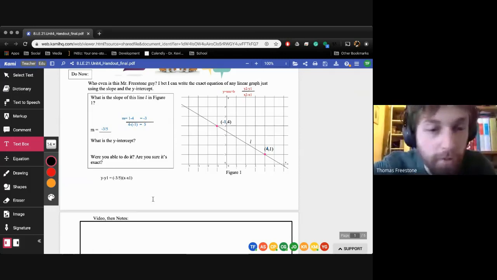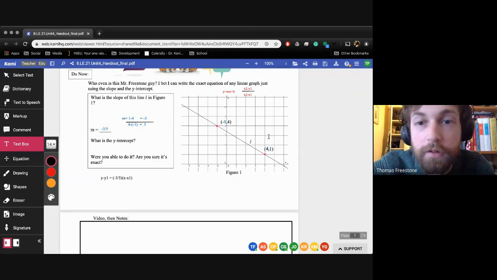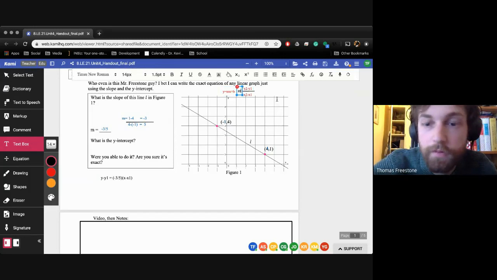Okay, so we're just looking at the equation. We've got y, which is a variable, and then we've got x, which is a variable. What are these other things? What is y1 and what is x1? What is it referring to? And remember where that comes from is this equation right here.